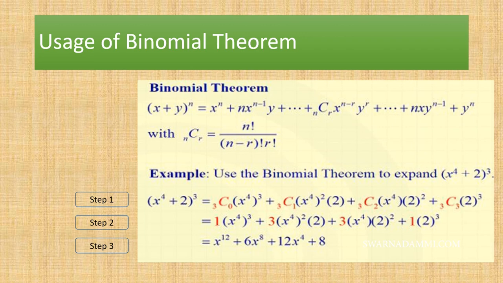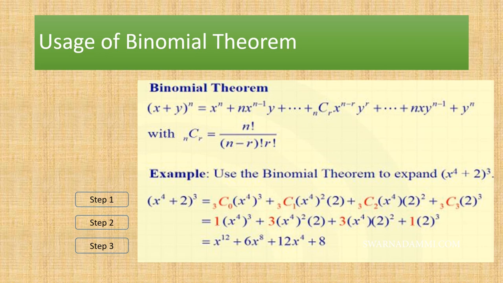We can use the binomial theorem to expand (4^x + 2) cubed. That means the power 3 on (4^x + 2). Here you can see there are two terms.